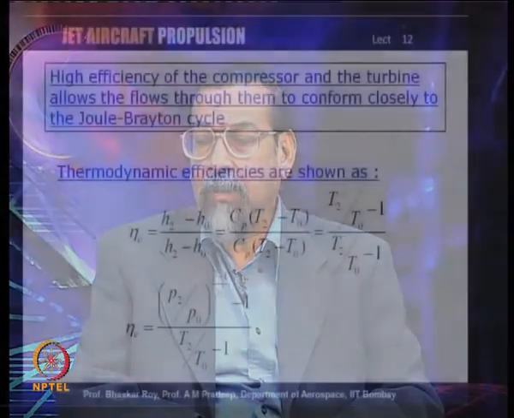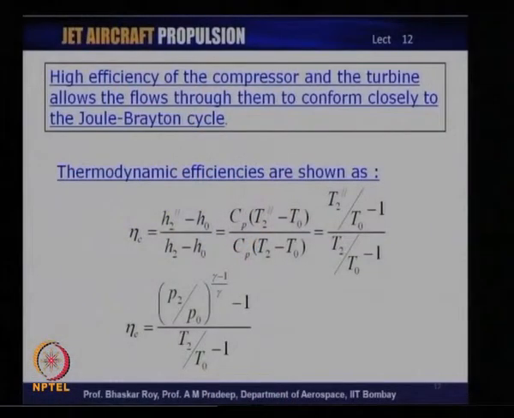This thermodynamic efficiency, or what we call the isentropic efficiency, can be shown in terms of the work that is being done ideally, the work that is being done really, and the real and the ideal work can be put together in one relation, and that relation captures the essence of the work that is going on through the compression process. So, let us take a look at this thermodynamic efficiency definition.